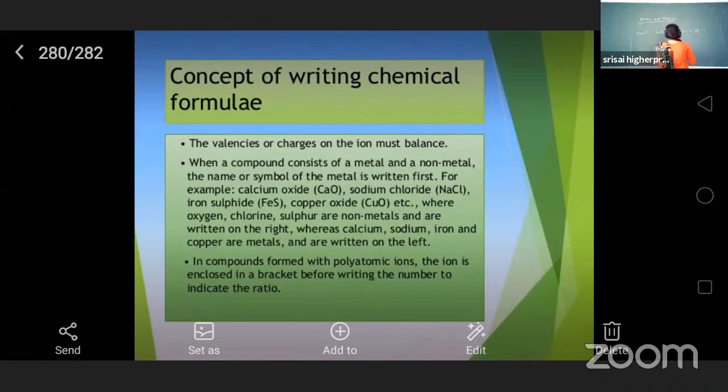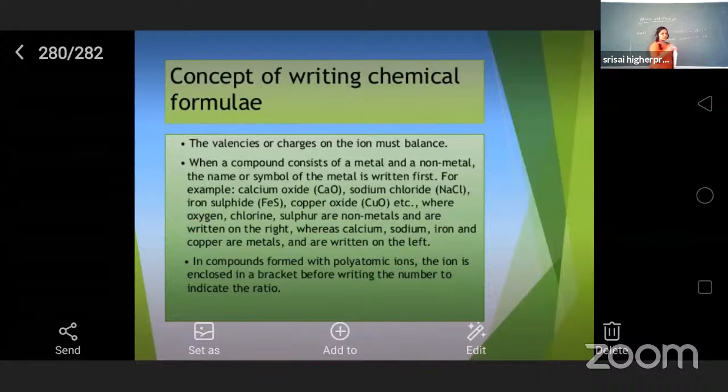Okay. Magnesium is 12. Next, what is sulfur? 16.